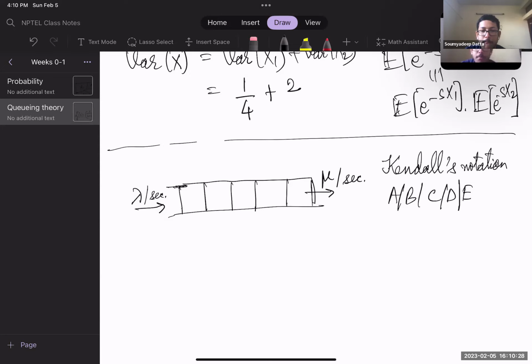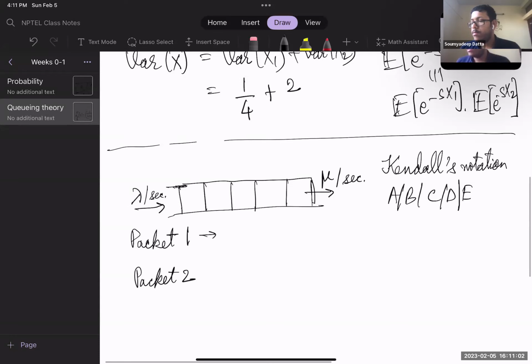A is the way the inter-arrival time is distributed. So let's say I have packet 1 and packet 2 arriving at a router. This arrives at time T1, this arrives at time T2.